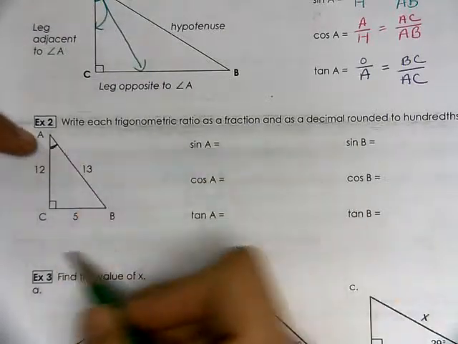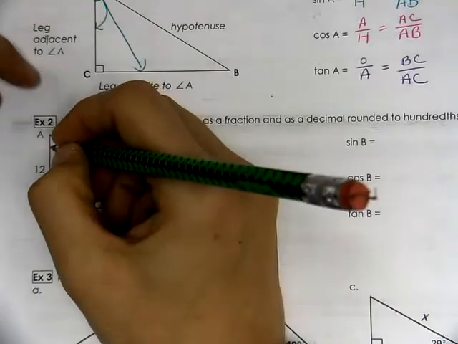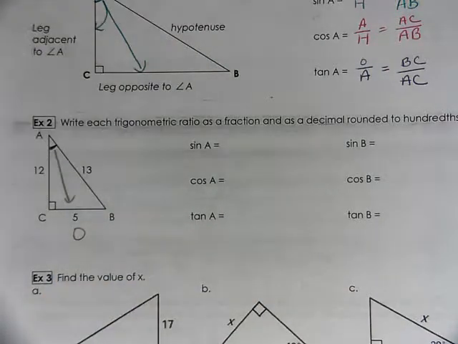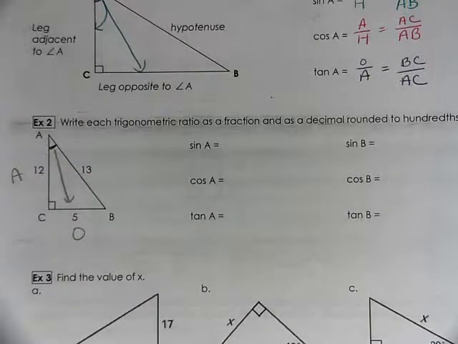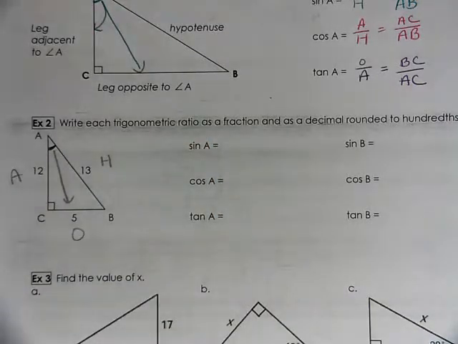From angle A, which side is the opposite? 5, 12, or 13? 5. You can always draw a line. 5 is the opposite. I just put an O. Which side's the adjacent? 12 or 13? 12 is the adjacent. I just put an A. 13 always stays the hypotenuse, no matter what.